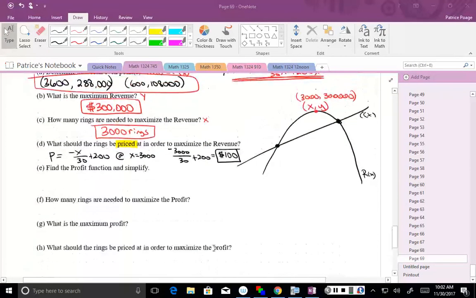Okay, it says find the profit function. So the profit function is revenue minus cost. So I'm going to write out my revenue equation that we just found, negative 1 over 30 x squared plus 200x minus, here's the important part, parentheses around your cost.